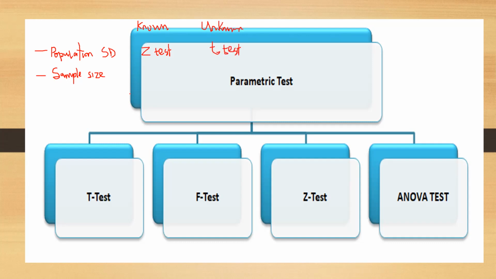Good. Number two, if your sample size is greater than 30, you use your z-test. If your sample size is greater than 30, that's when to use your z-test.